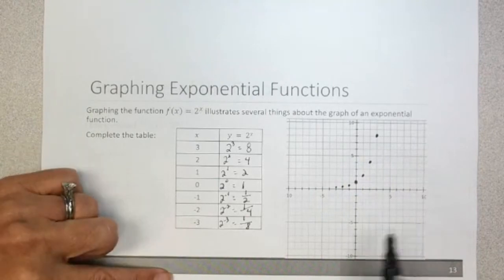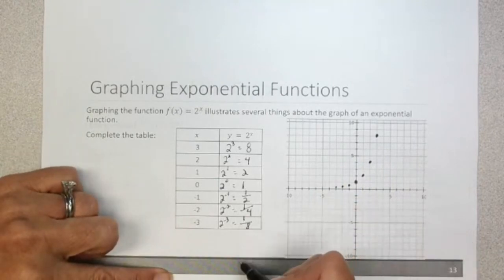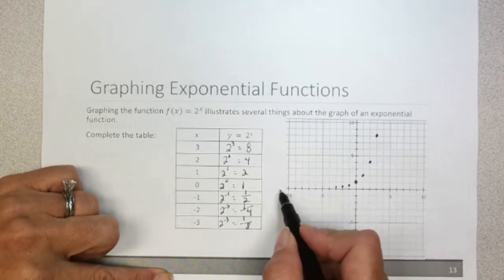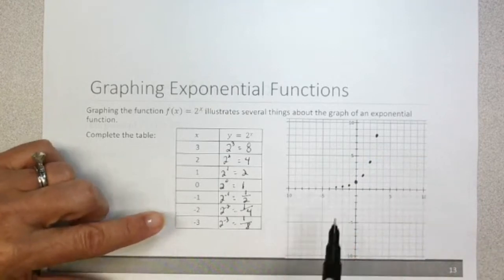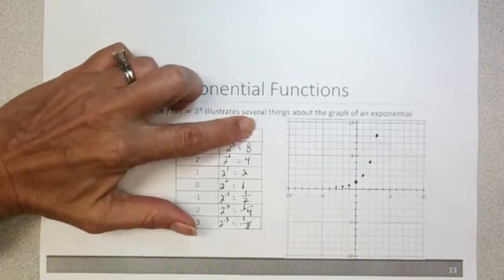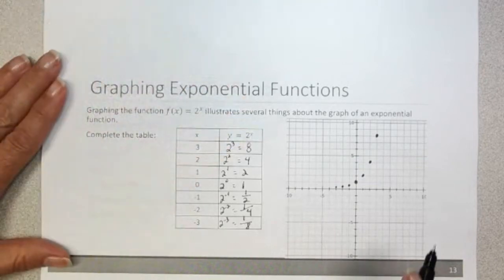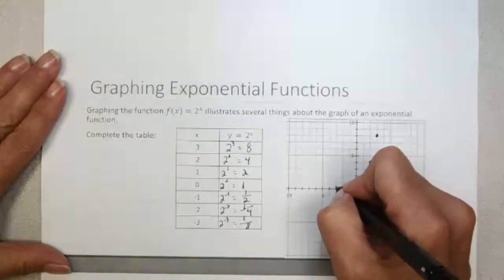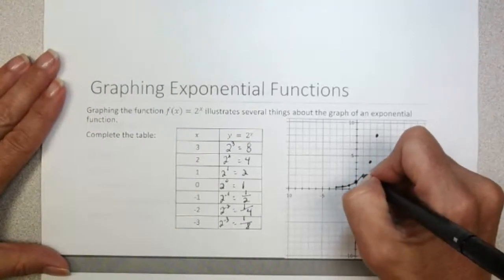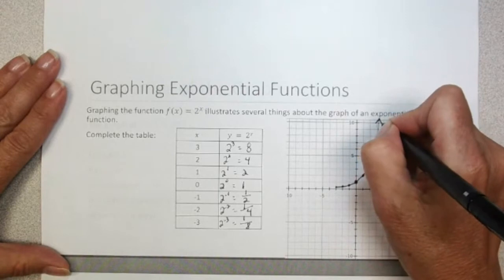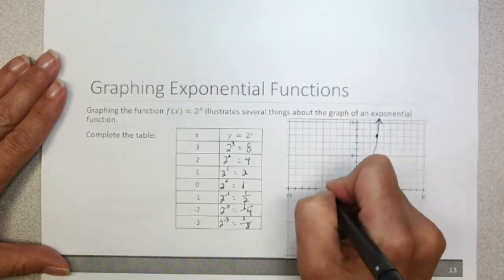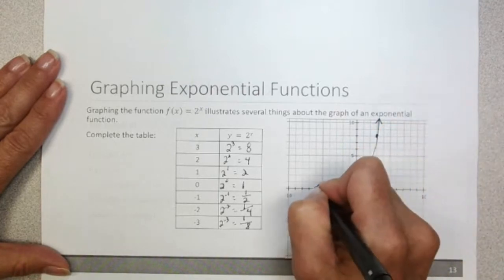Y is going to continue to get smaller, but it's never going to cross over that x-axis, is it? It won't, because there's no way that I can raise 2 to any exponent and get a negative number for y. So let me connect the points that I plotted. My graph is going to look like this, and it's going to keep on going as indicated by the arrows.